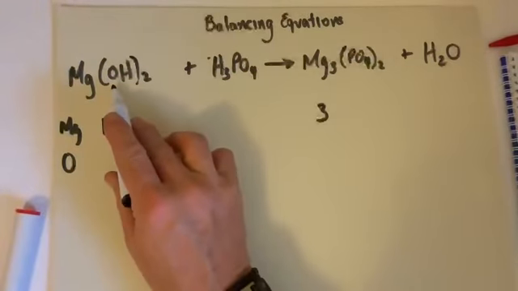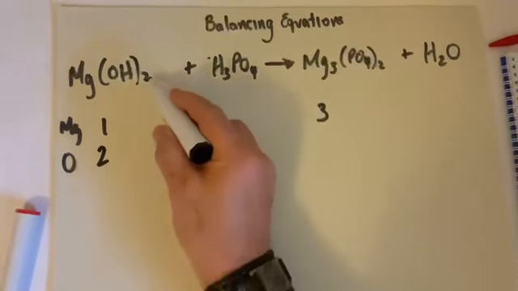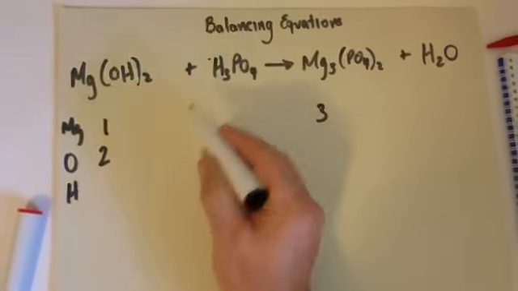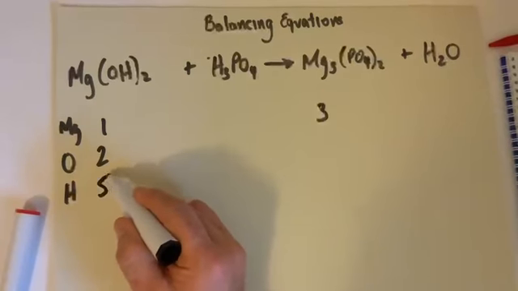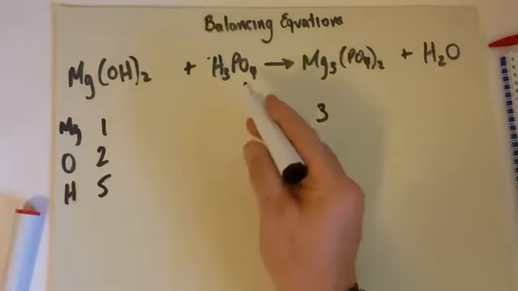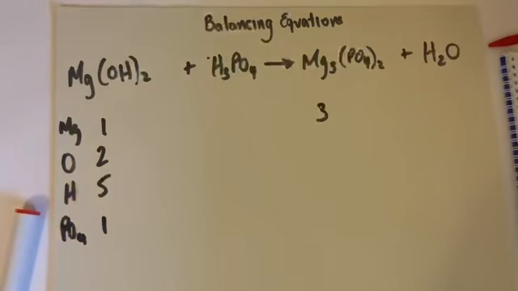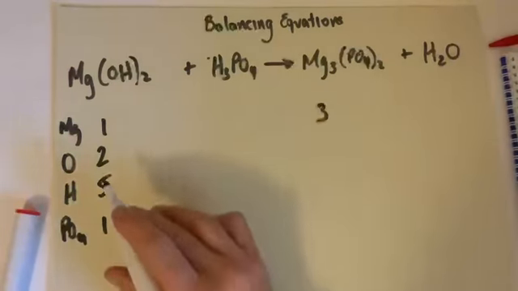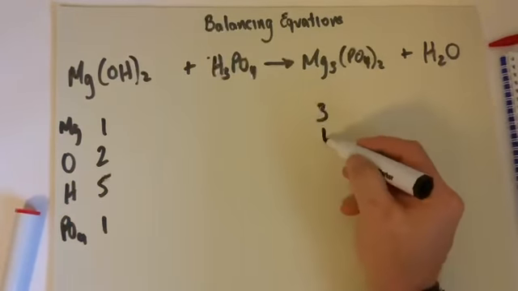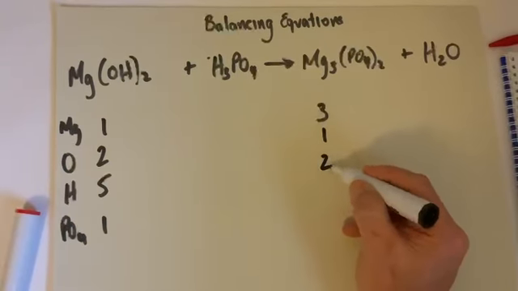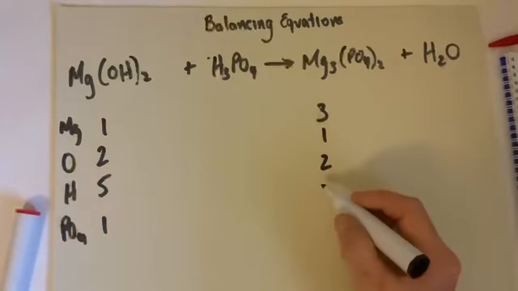We've got 2 oxygens there. We've also got 2 hydrogens plus 3 there. That gives us 5 hydrogens and 1 PO4. On the other side: oxygens, we have 1. Hydrogens, we have 2. PO4, we have 2.